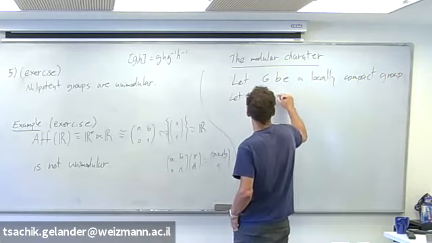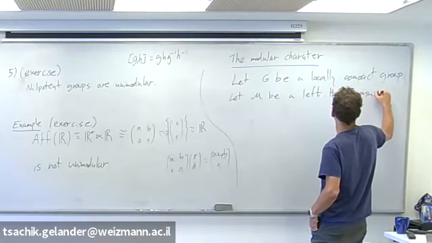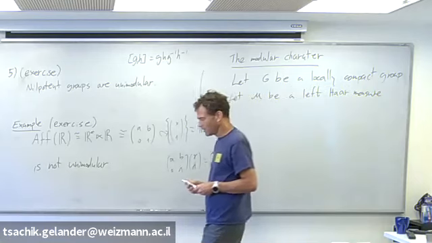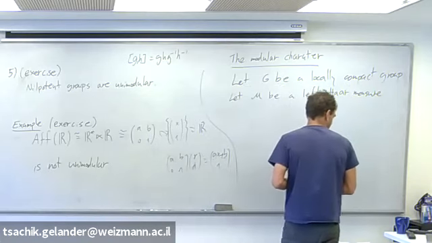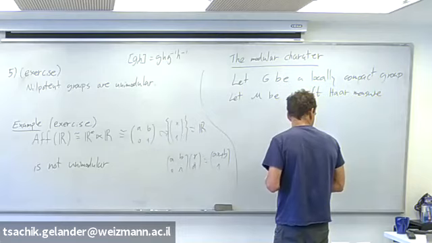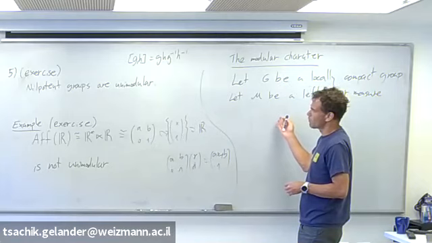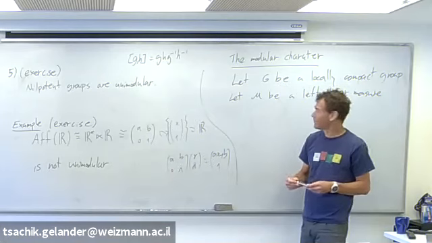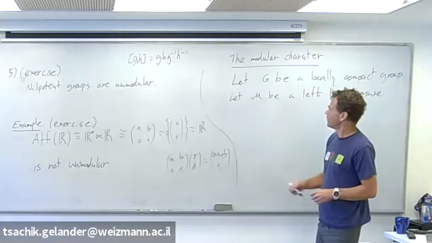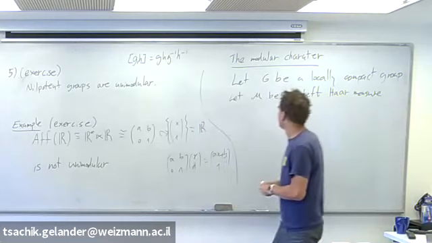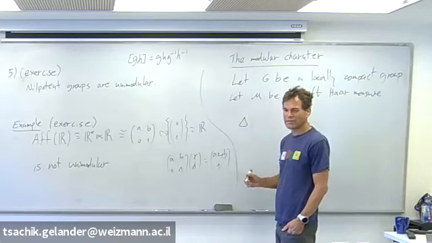Let mu be a left Haar measure. Then it is denoted by delta of g.